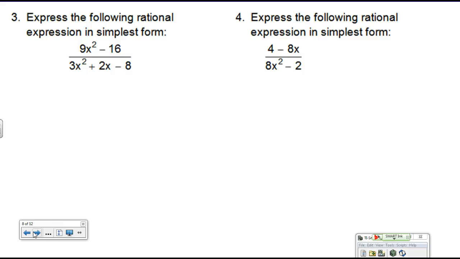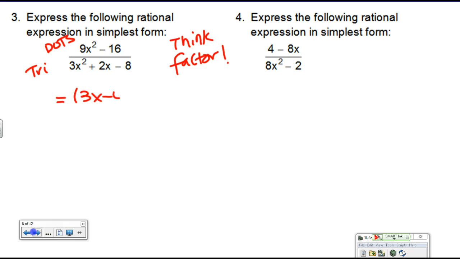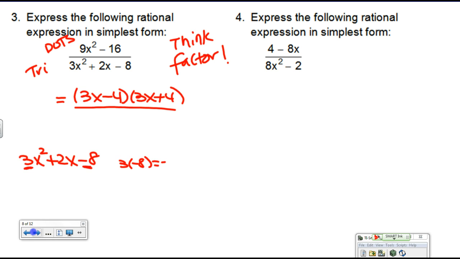So if you have to simplify, you're going to think factor. All right, the numerator is a difference of squares, and the bottom denominator is the harder trinomial type. So it's going to be 3x minus 4, 3x plus 4. The bottom denominator, I may want to factor off here to the side. All right, what adds up to 2?